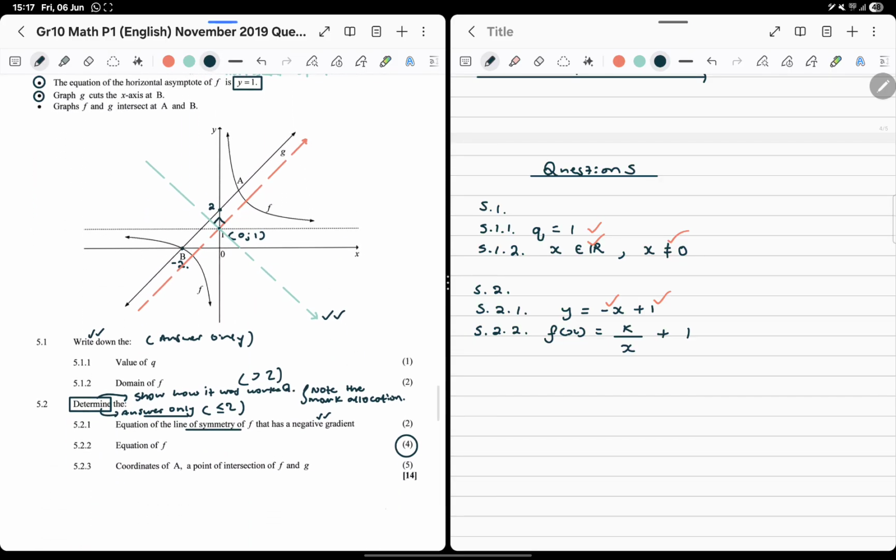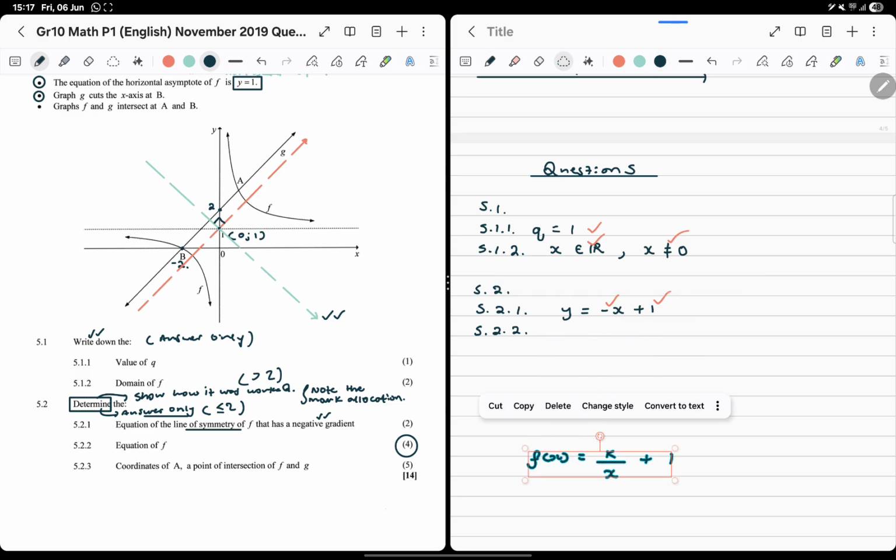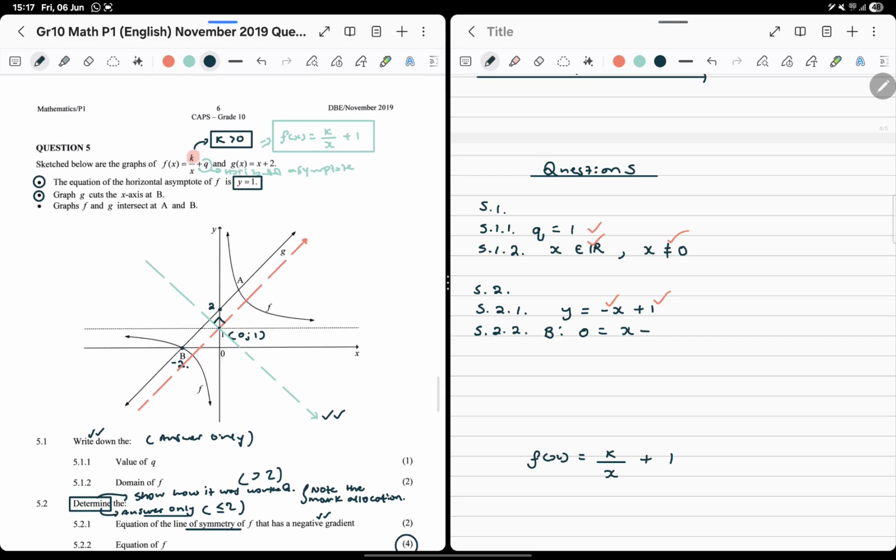But now, we have a situation. We need the coordinates of b. Right? We need the coordinates of b. In fact, it is best to start with the coordinates of b. Because once we write that, we need to start substituting. We know that b is such that 0 is equal to x plus 2.